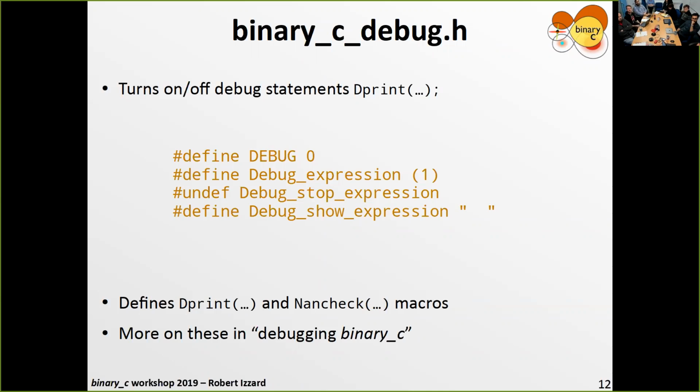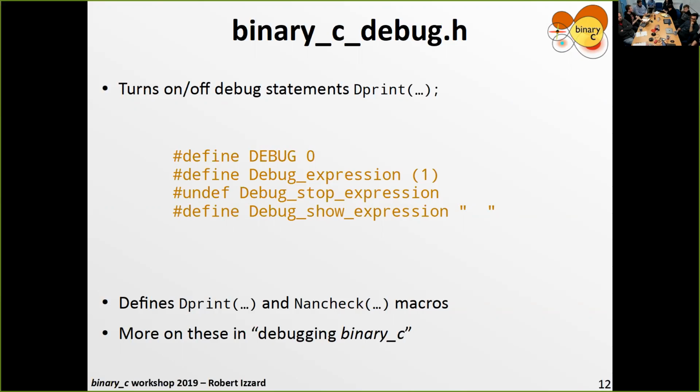You can also define something called the show expression, which is shown at the beginning of each dprint statement. And so you can put there anything you want. You can show the time, the angular momentum, masses, everything. And at each dprint statement, it shows you what it is. Now, it's very useful when you know something changes and causes it to crash. You can also set the stop expression so that when it hits that value, it stops. So you can completely control what the code does.